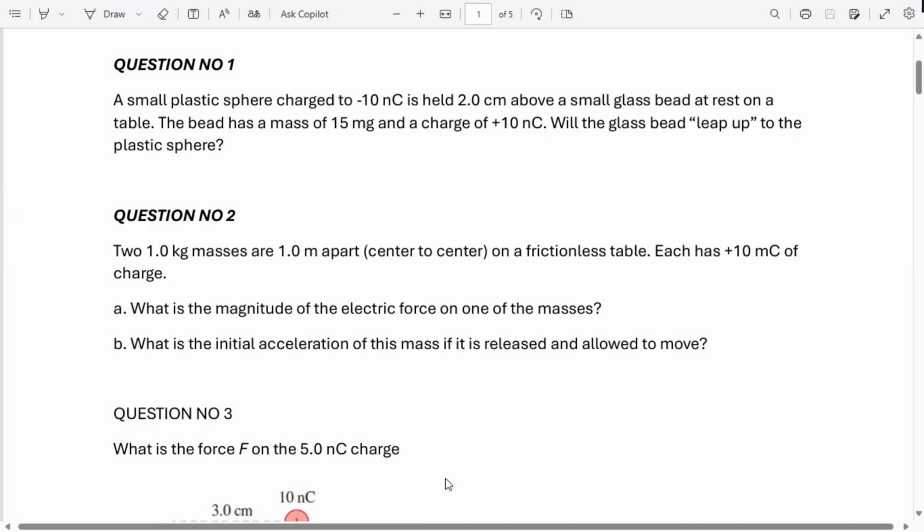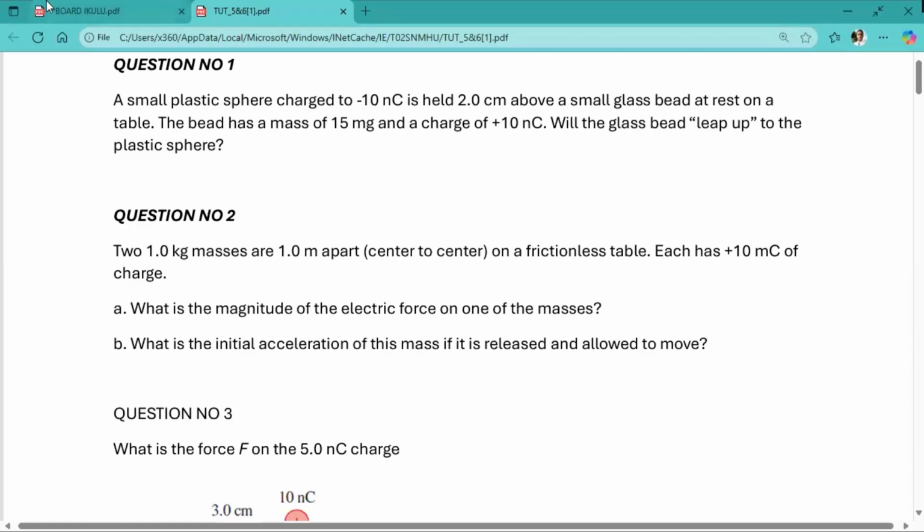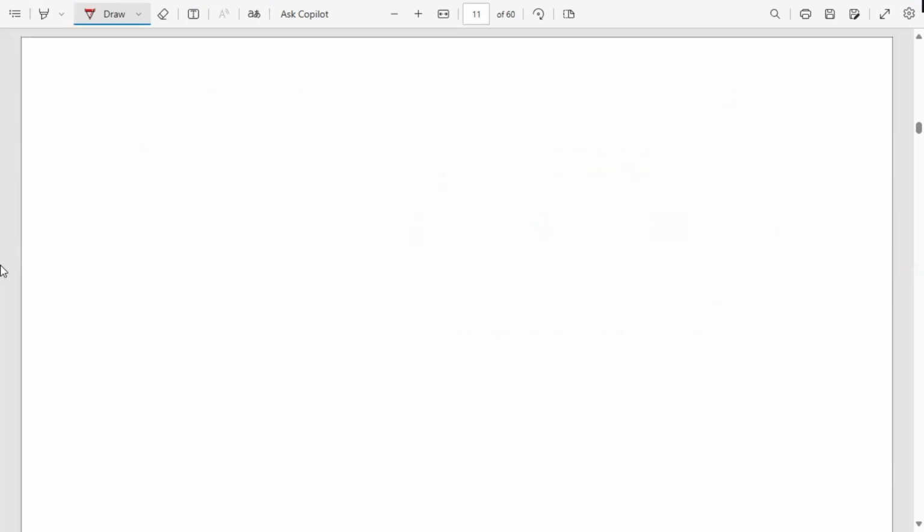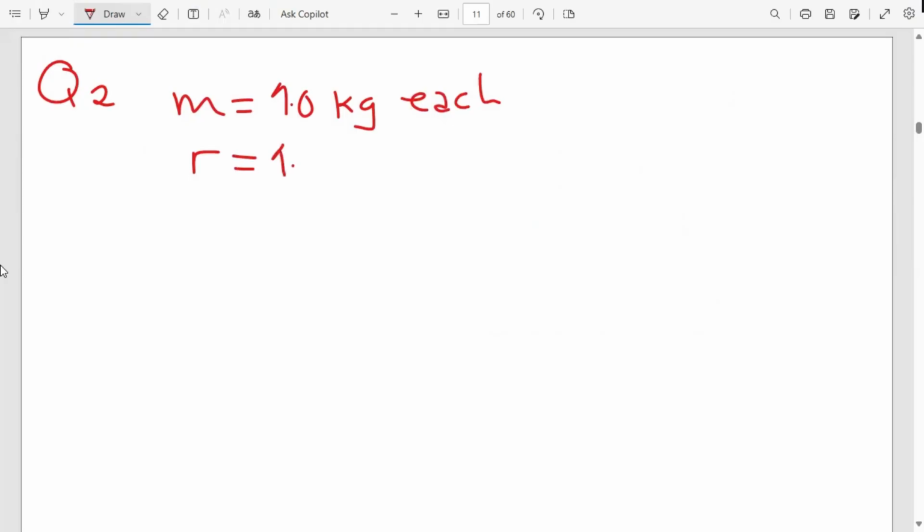So this is a very interesting question. So I've been given, this is now question 2. We've been given the mass of each block, M, is 1.0 kilograms each. And they are at a distance r, which we can say is 1.0 meters. Then they both have a similar charge.